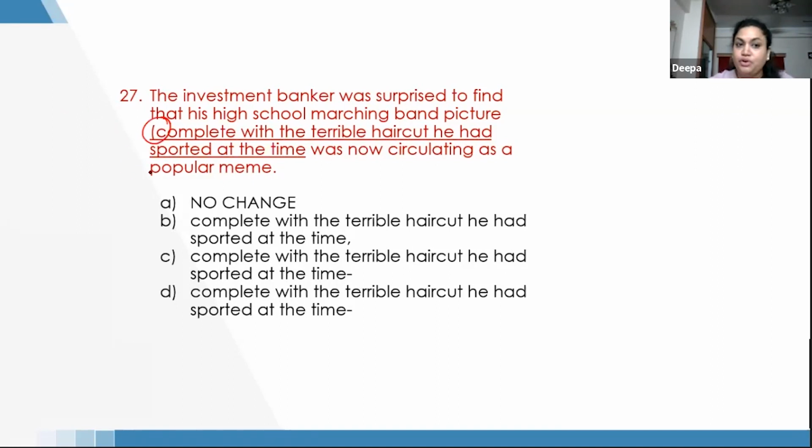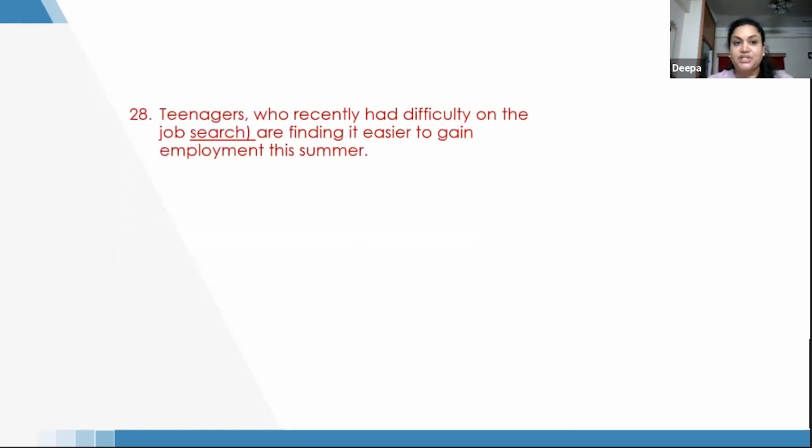So therefore, no change is not the right option. Complete with terrible haircut he had sported at that time was now circulating as a, this sounds the best option, B. Let's go to the last question.